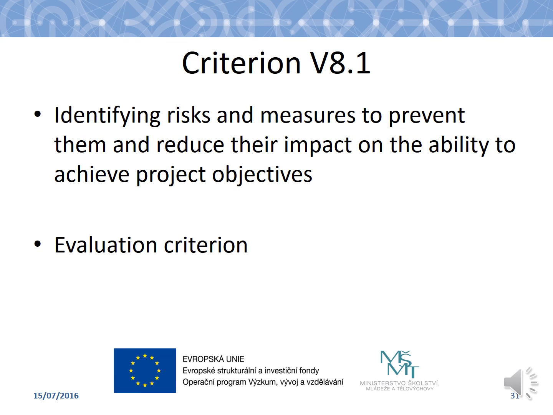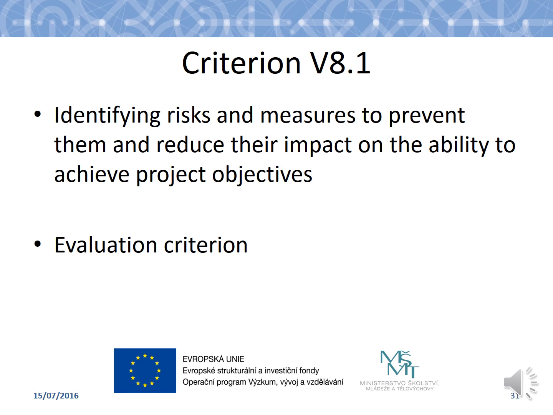Criterion V 8.1: identifying risks and measures to prevent them and reduce their impact on the ability to achieve project objectives. In accordance with the design of the call, the evaluation under the call is divided into two rounds, evaluation of preliminary application and full application, so risk analysis is also divided into two parts.